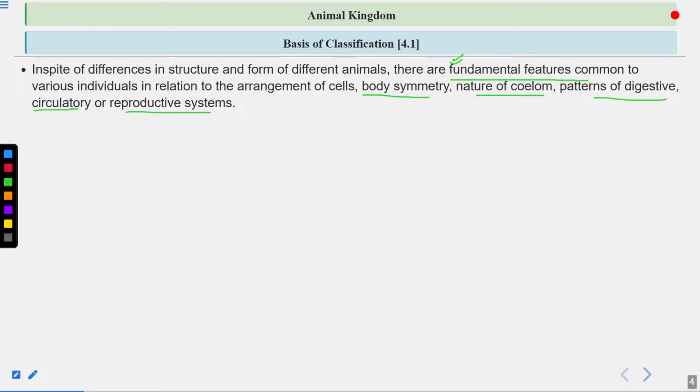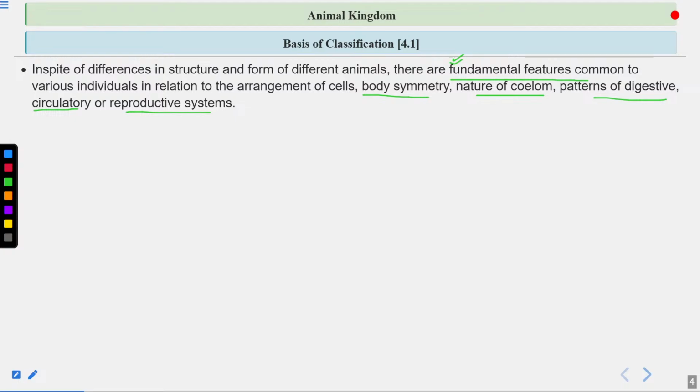And you all know there are so many animals present on our earth, and if you want to study each and every animal, it will be very, very difficult, right? So we classify organisms. Now, what is the basis of classification? The basis of classification is to know about the fundamental features.